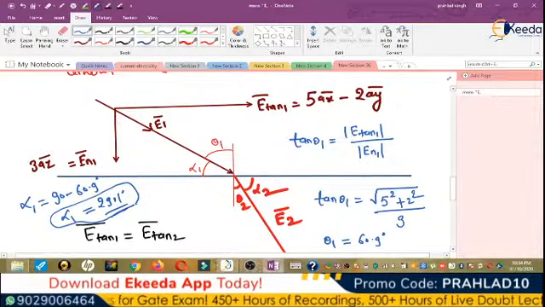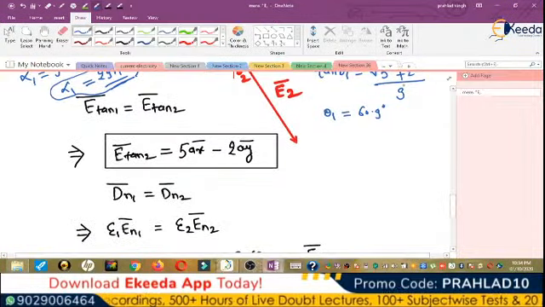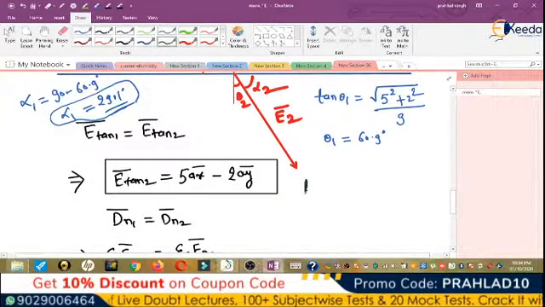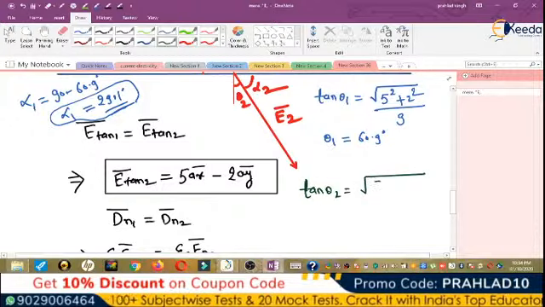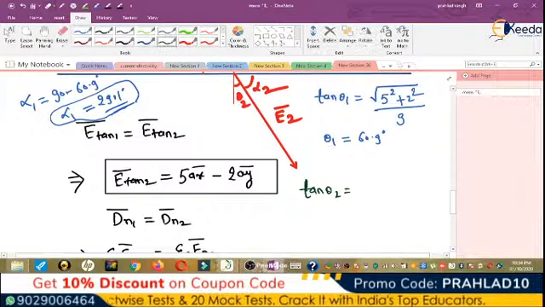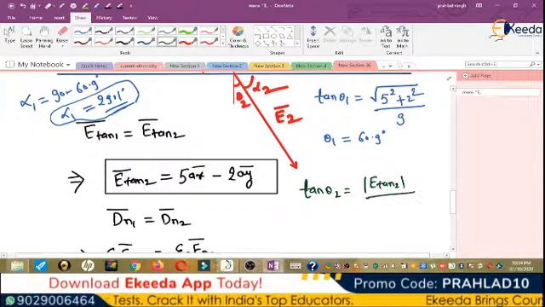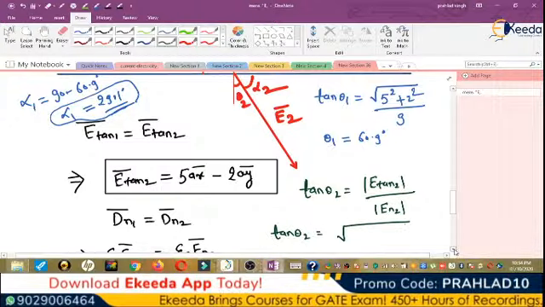This is alpha 1 here. Okay, so theta 1 and alpha 1. Similarly, we can calculate the value of theta 2 here. So tan theta 2 is mod of E tan 2 by E n2. What is mod of E tan 2?